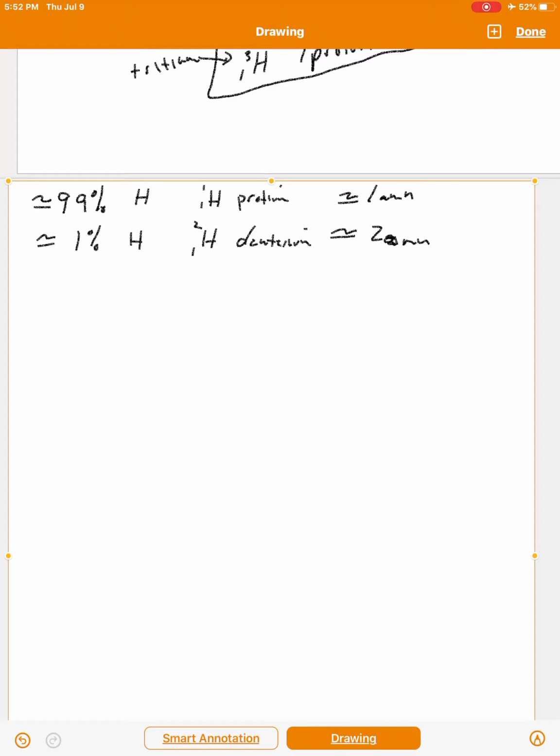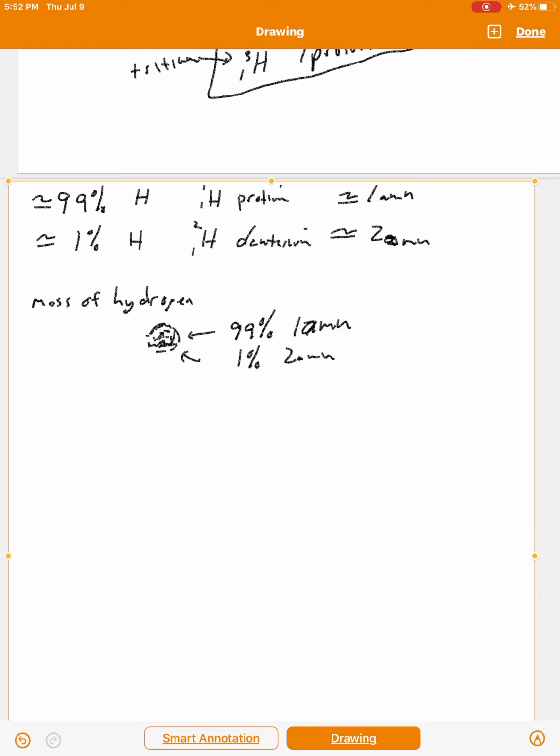So if we want to measure the mass of hydrogen, and we have a bunch of hydrogen atoms, here's what happens. I'm just drawing lots of little hydrogen atoms here. 99% of them weigh approximately 1 AMU, and only 1% weigh 2 AMU.